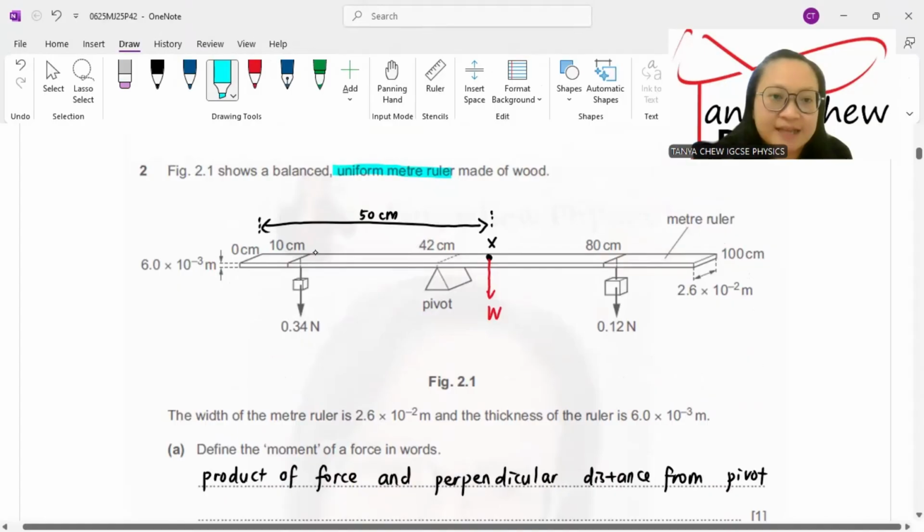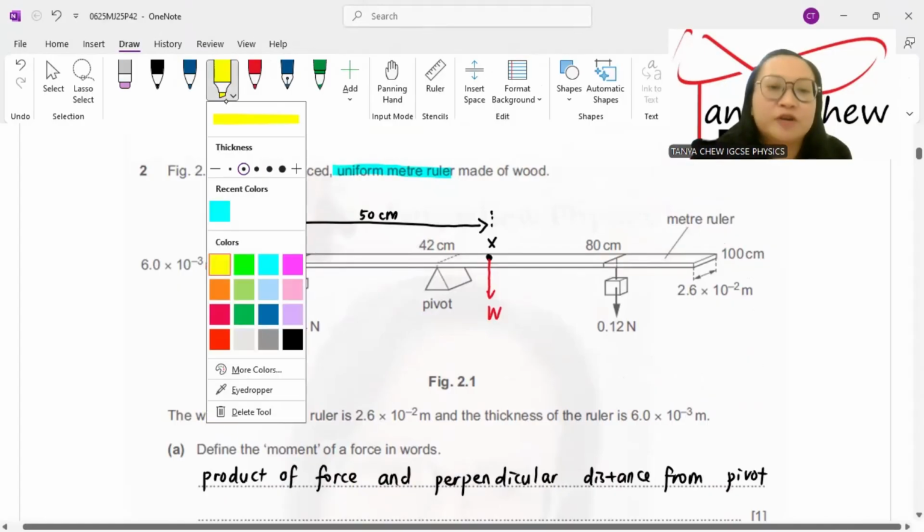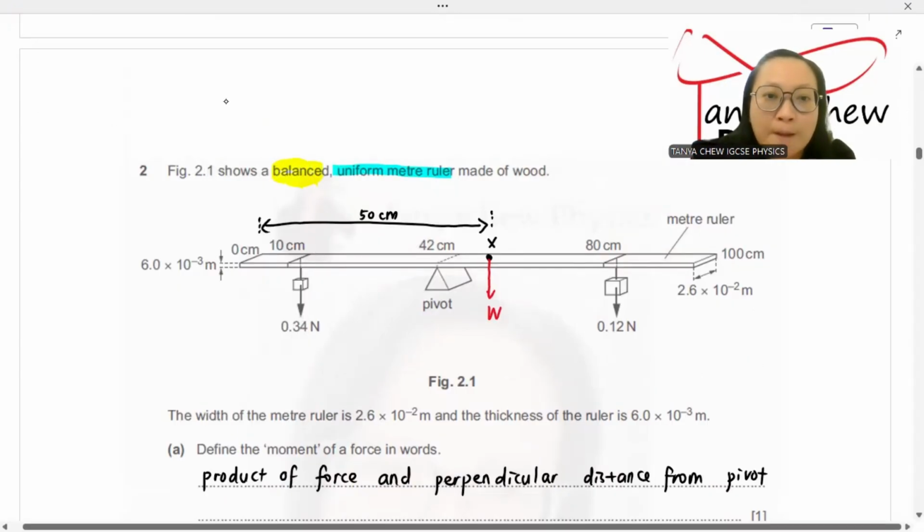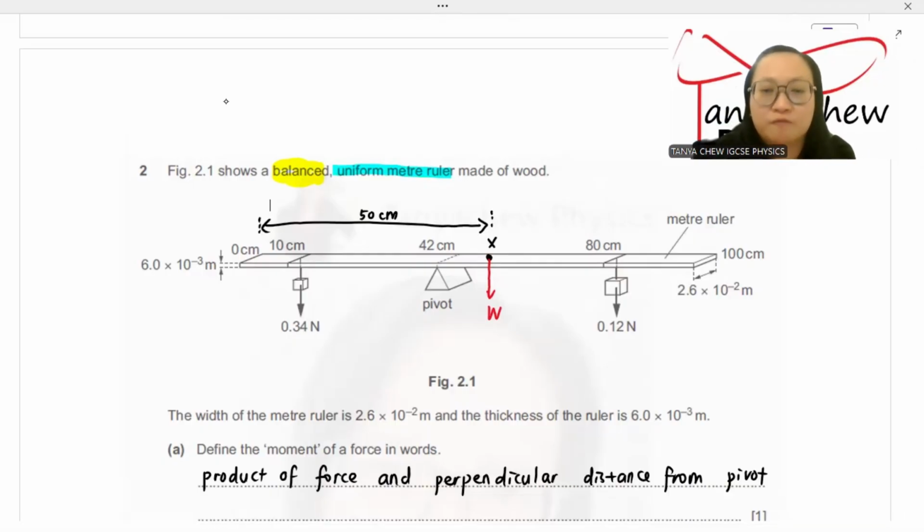The second hint is exactly at this first sentence: balanced. When this uniform meter ruler is balanced, it means that the principle of moments must be obeyed. What does the principle of moments state? The total anti-clockwise moment must equal the total clockwise moment in order for the system to be in equilibrium.